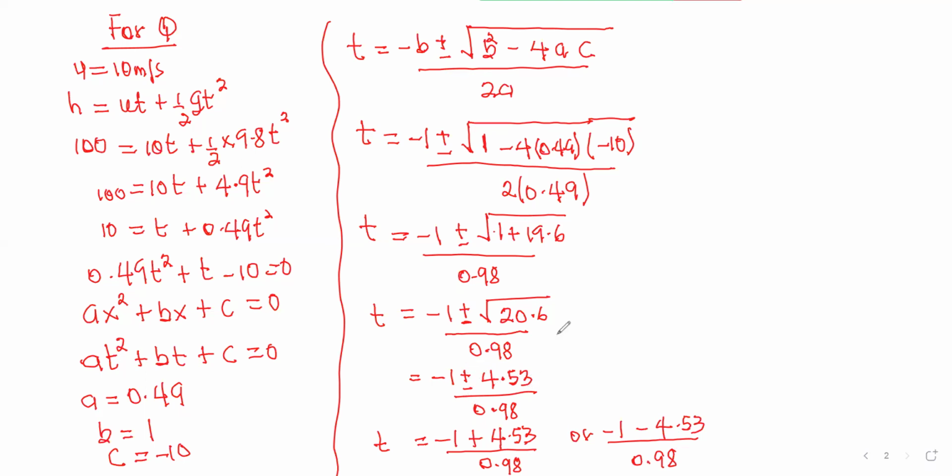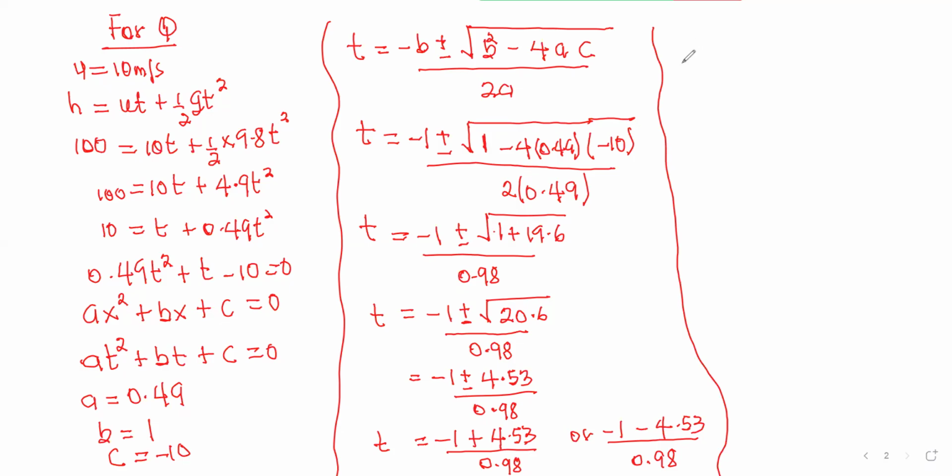But since we don't have anything like negative time, we'll ignore the negative and only consider the positive. So class, this is the reason why we are throwing away the negative part of the quadratic formula.